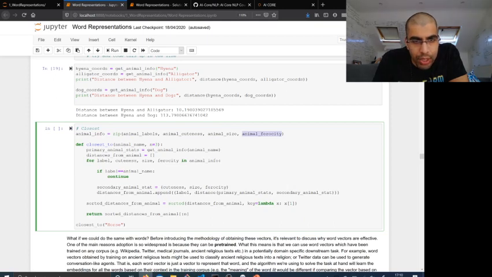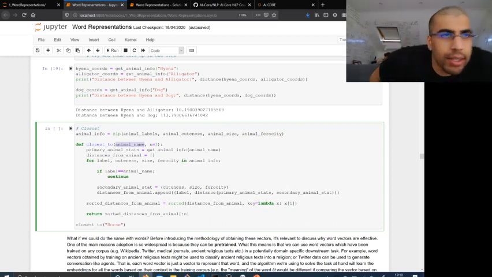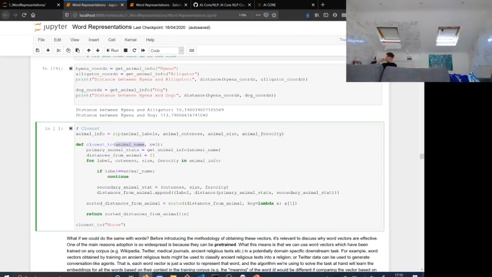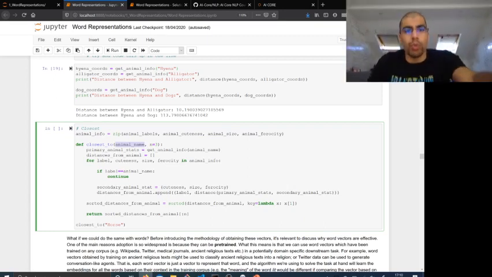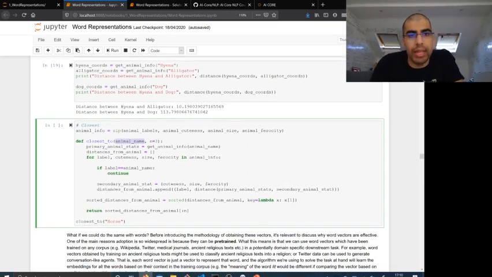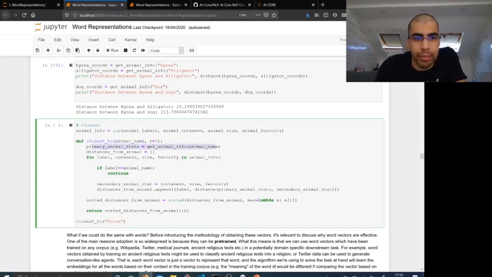We're going to have this closest to function, which takes in as input the name of the animal we want to find the closest things to. We'll extract the statistics for that animal using the helper function we defined previously.